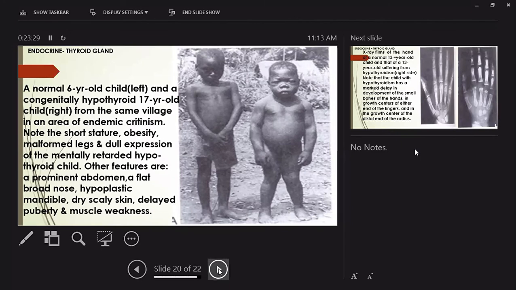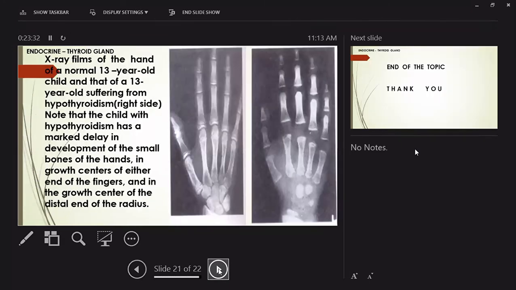And this is an X-ray film of the hand of a normal 13-year-old child and that of a 13-year-old suffering from hypothyroidism here. Note that the child with hypothyroidism has a marked delay in the development of the small bones of the hands.